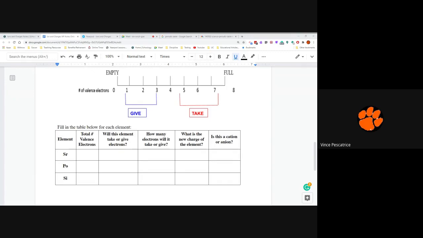How many does it need to take in order to get to this 8 mark over here? From 6 would be 7 and 8, so it means 2 to get there. Then you're going to combine what it took with the symbol. Remember, takes are negative, so it's going to be a minus 2. And negative ions are called anions.